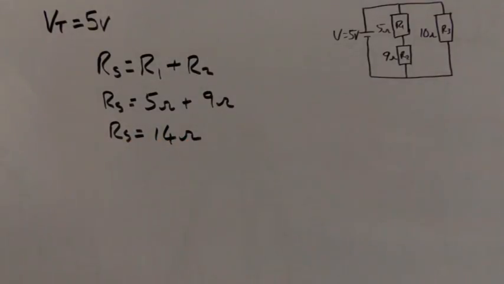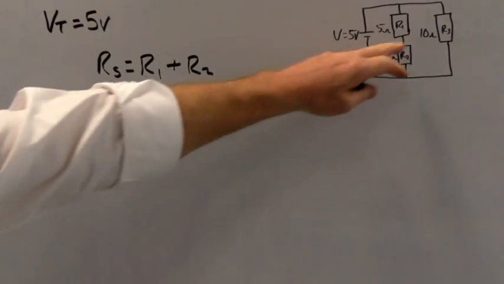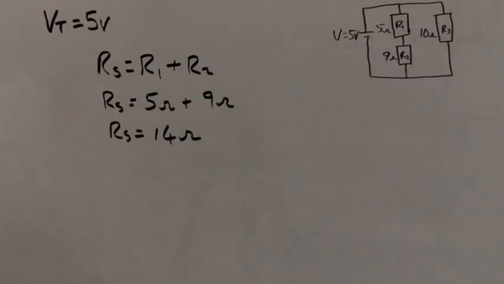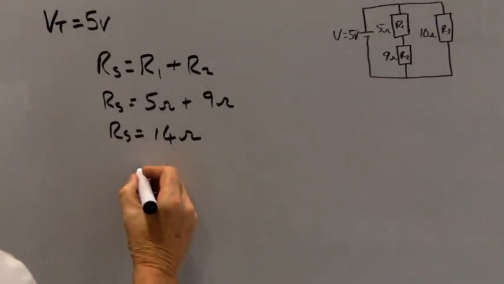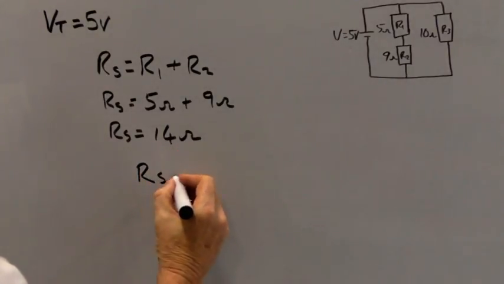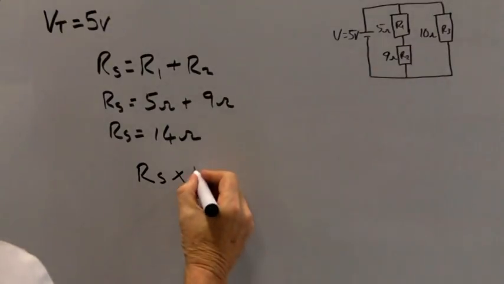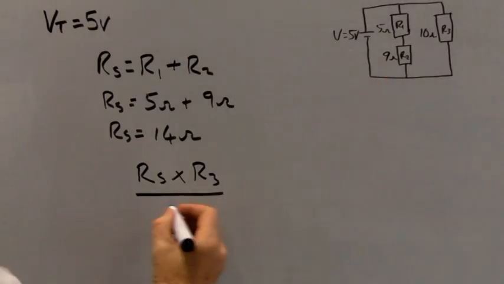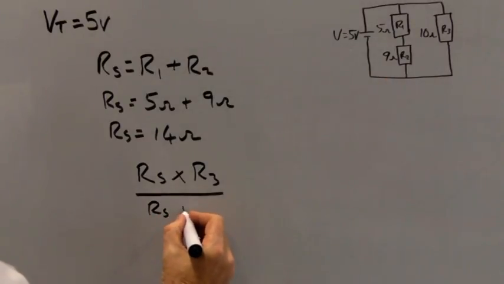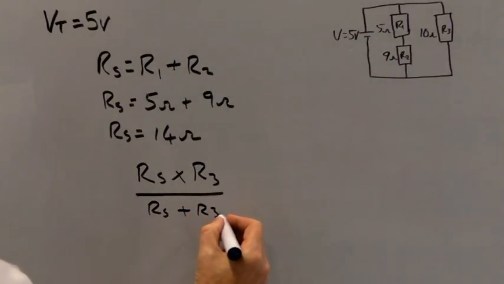So now I have the value of RS. I can see that I've got a 10 ohm resistor in parallel with that. So I can use the product over sum rule. The product over sum states that we have RS times R3, divided by RS plus R3.